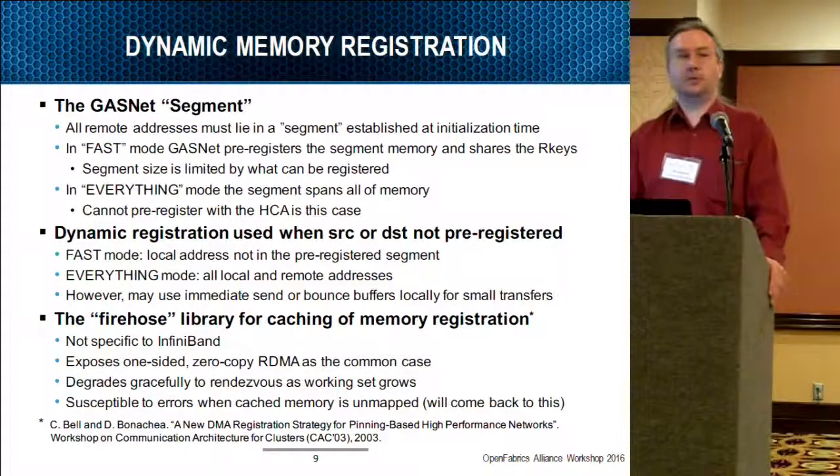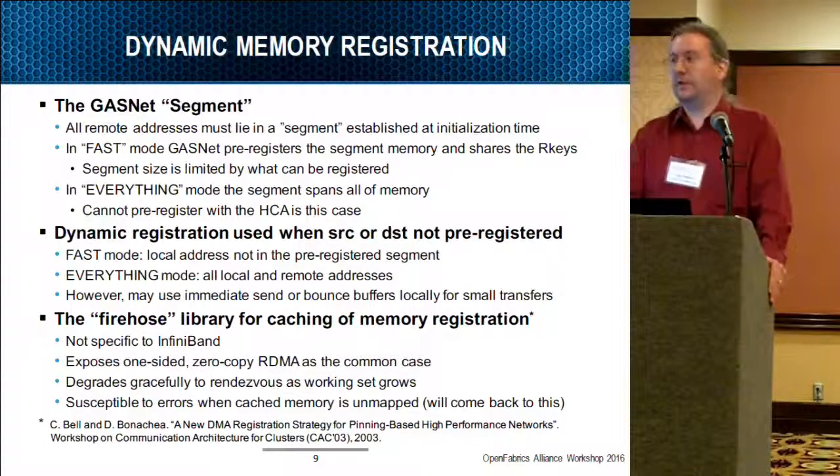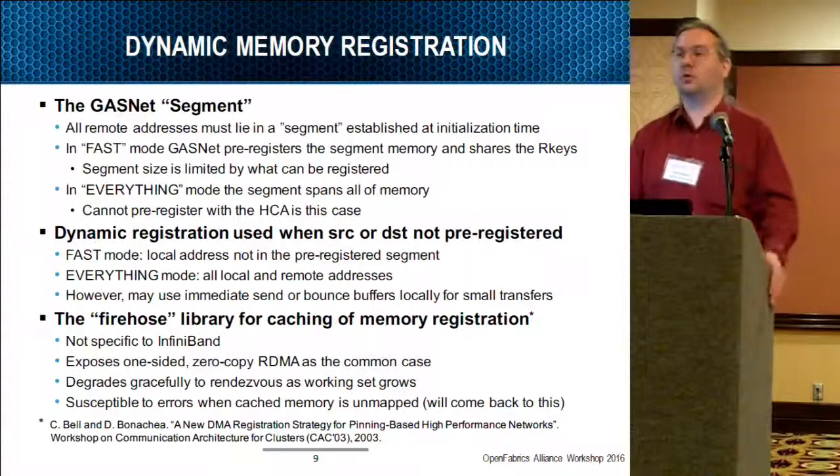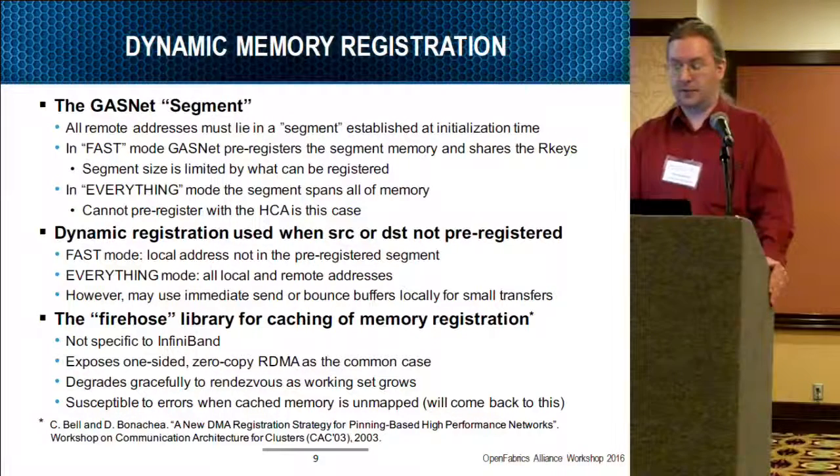So we end up needing to work with a little bit of dynamic registration, and this ends up being used when either the source or destination is not pre-registered. In fast mode, that can still occur with the initiator's address, the local address. For instance, I'm doing a put, the source of which is a malloc or stack variable, and in everything mode it recurs for all local and remote addresses at least once, hopefully at most once if we're lucky.